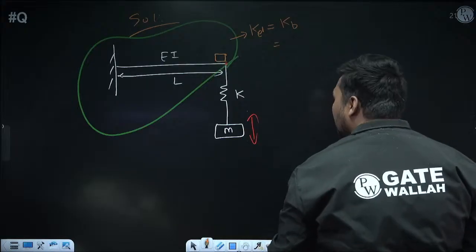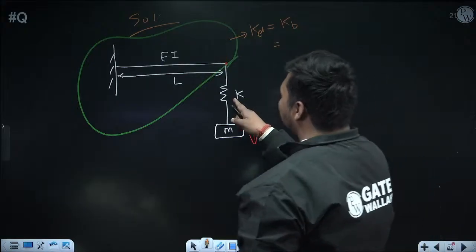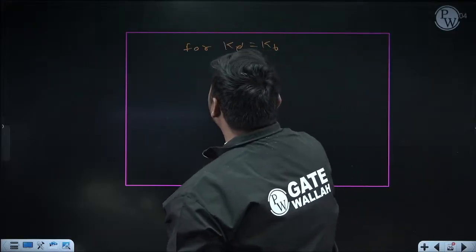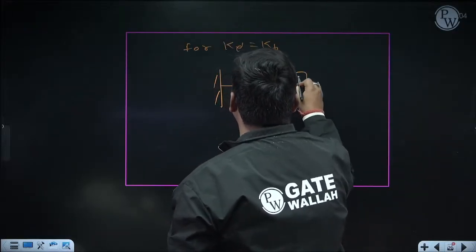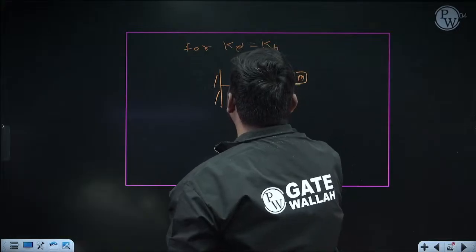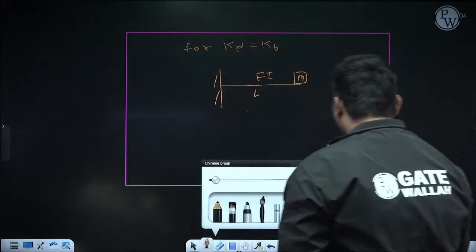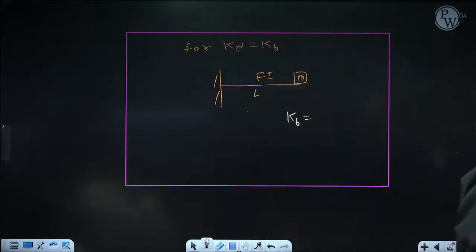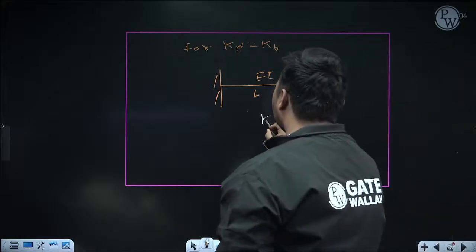Just remove the spring which is directly connected to the mass, and then the mass will be attached here. Now calculate the bending stiffness of this portion, because here only the beam is coming, in which transverse vibration is occurring, and whatever bending stiffness is coming, that is also Ke dash.